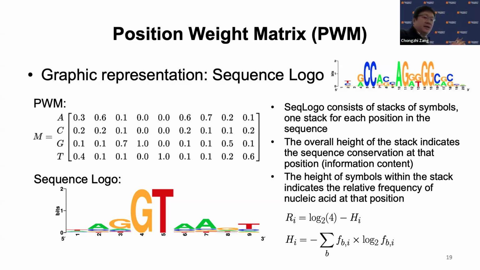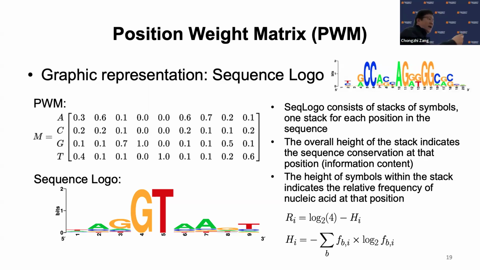So imagine that if every position is purely deterministic, meaning that in every position we only have one possible nucleotide, then the information is 2 bits at every position. So then there will be purely equal height, a consensus sequence.